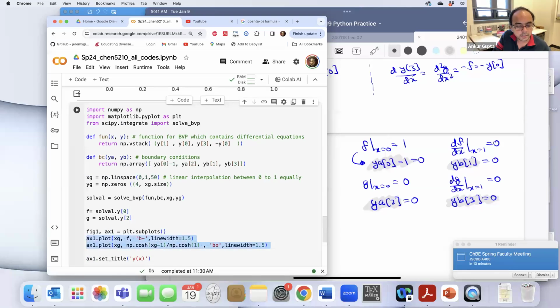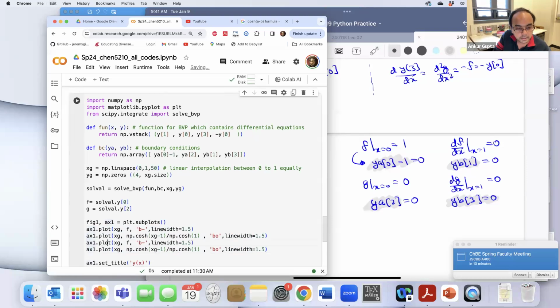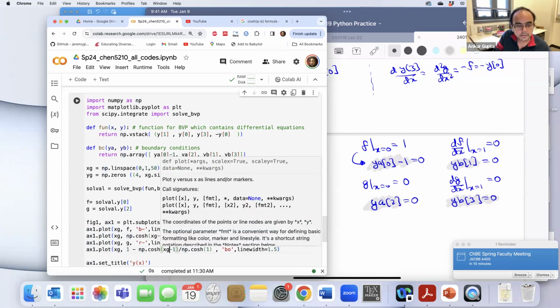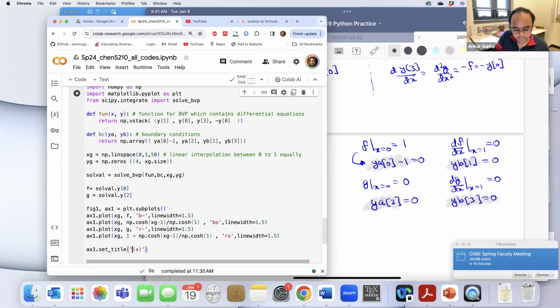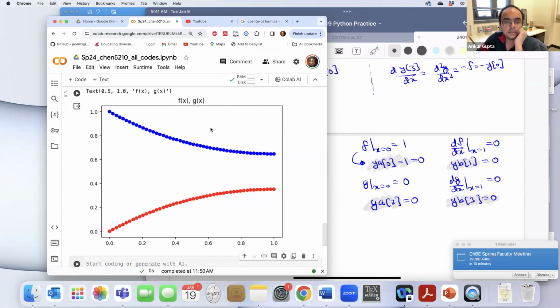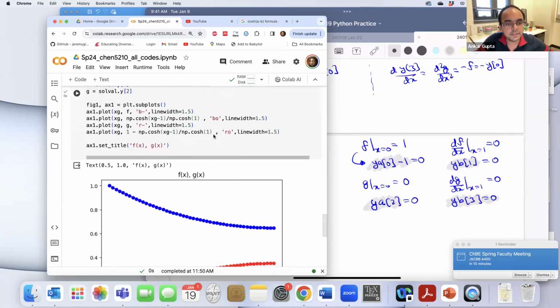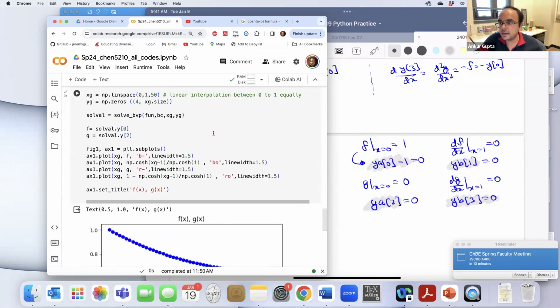Then we'll also keep on plotting, let's say the red color for g. And according to us, this should be 1 minus of that. So f of x comma g of x, this is what we're plotting. Hopefully this runs. Let's see. We do get a perfect match. That's awesome. Again, I hadn't really coded this before, but we get that match as well.